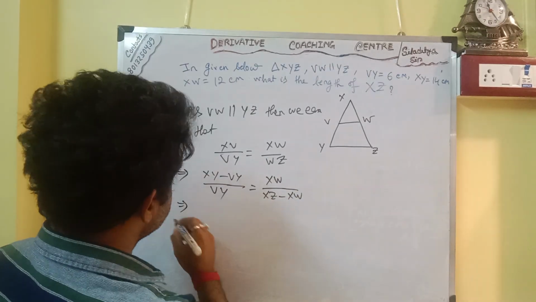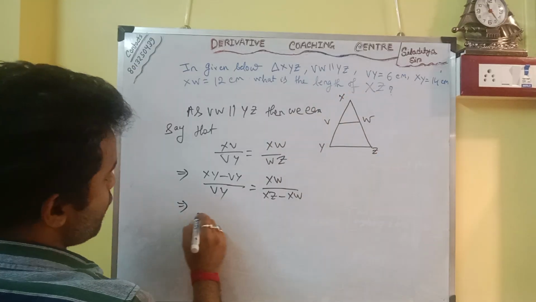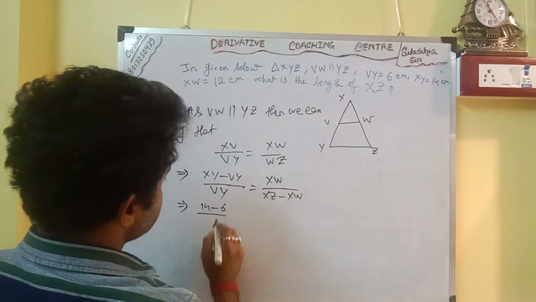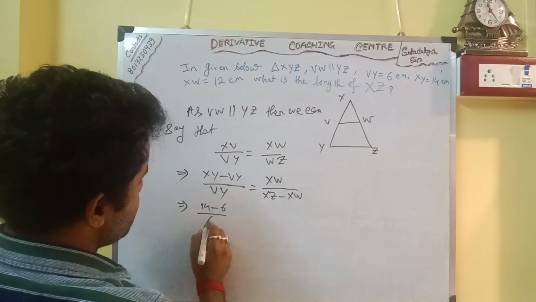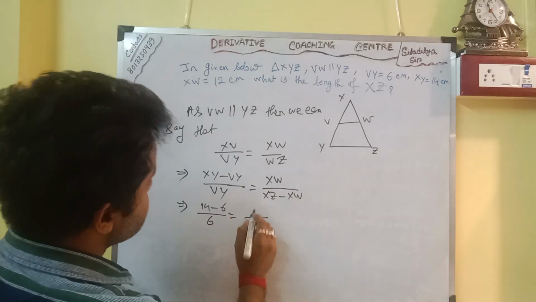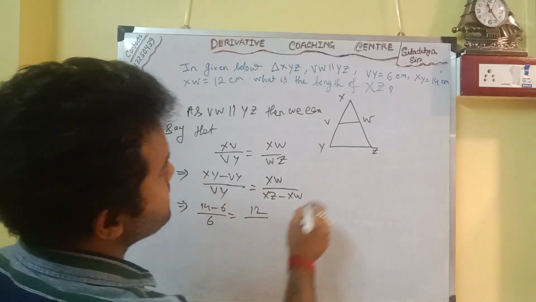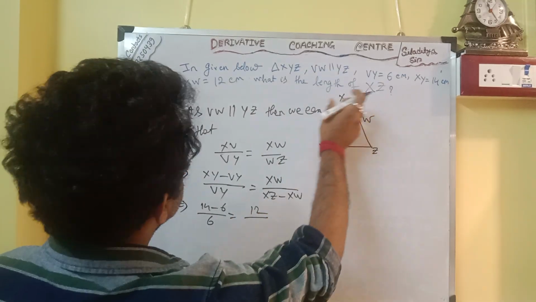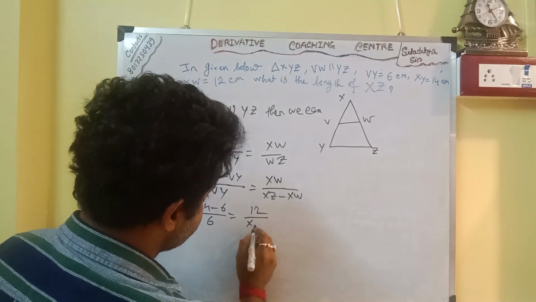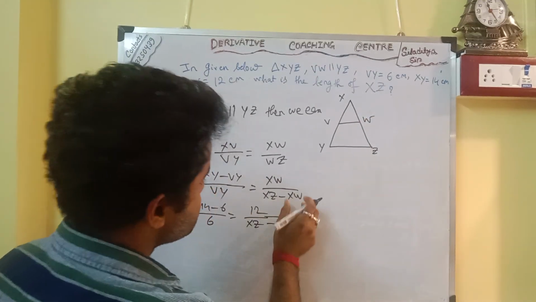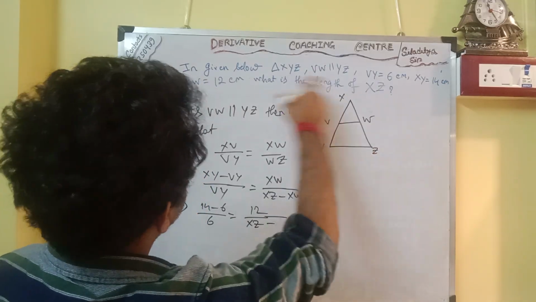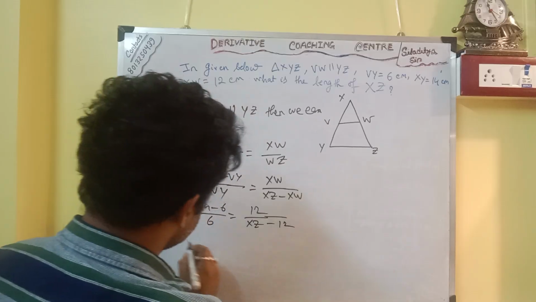Now put the value of XY, that is 14, minus VY, that is 6, over VY, that is 6, equal to XW that is 12 centimeter over XZ minus XW, so XW that is 12 centimeter. Now we have to find the value of XZ. Okay, so now solve this.